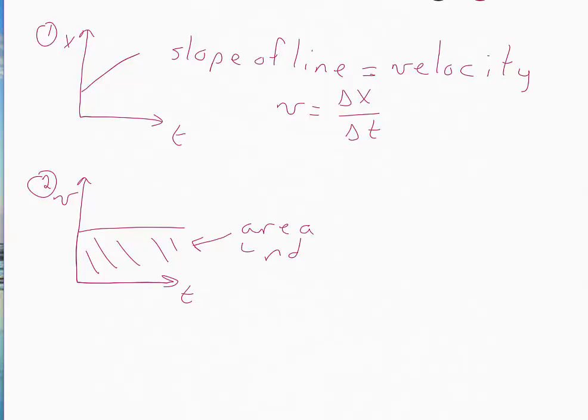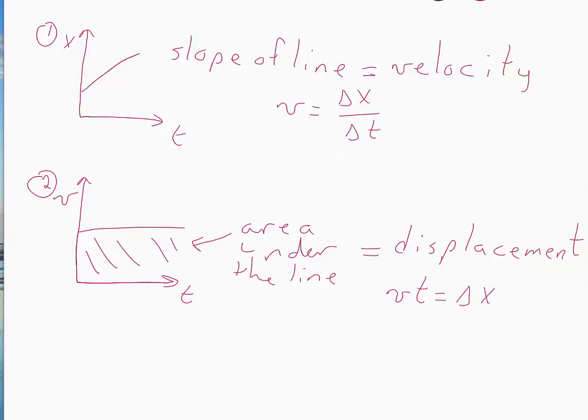So the area under the line is equal to the displacement. And we said that that would mean that vt is equal to delta x.